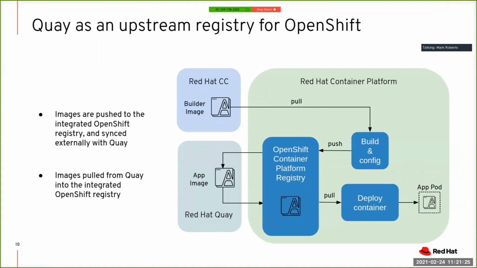Now we can extend that process slightly by having some automation process push some of those images from the OpenShift container platform registry into Quay across that line that goes from right to left into the app image area on Quay.